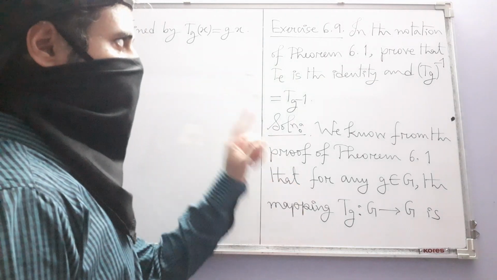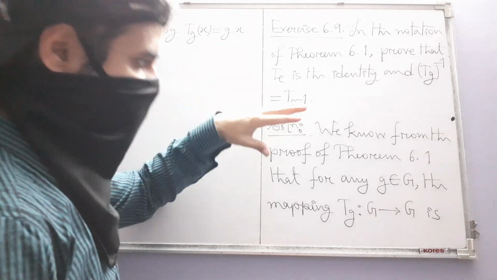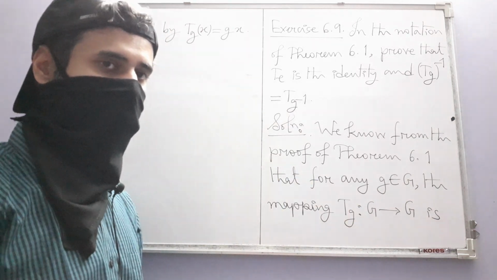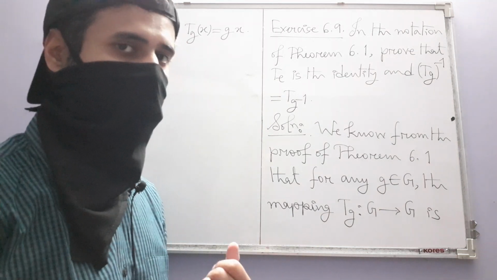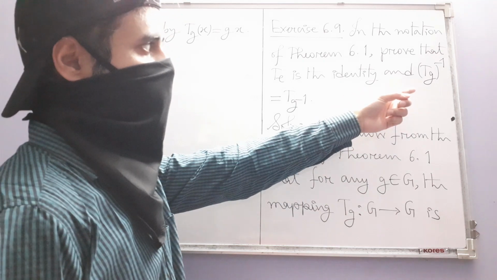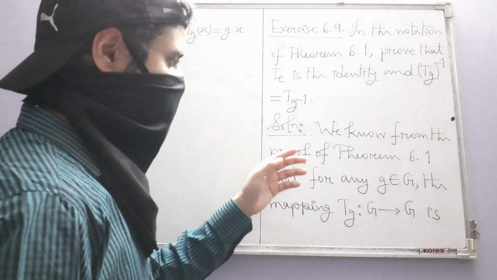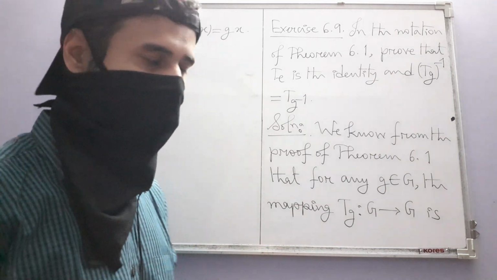So what we are being asked here is to prove that T_e is the identity map on G. That if we apply T_e on any x, we are going to get x back. And for any g, it turns out that this map T_g is actually a bijection, so its inverse exists.